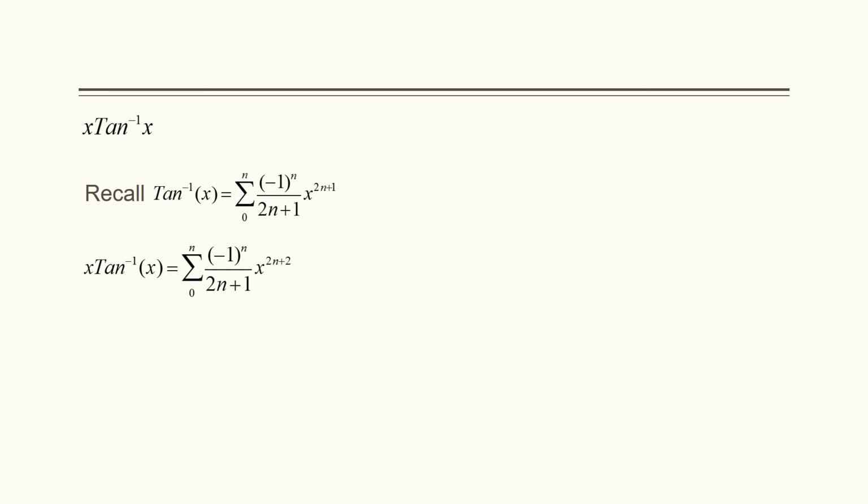Integration of 1 over 1 plus x squared dx is equal to arctangent of x. Finally, we multiply x to both sides, and we can get x arctangent of x is equal to sigma negative 1 to the n, x to the 2n plus 2 over 2n plus 1, like this example.